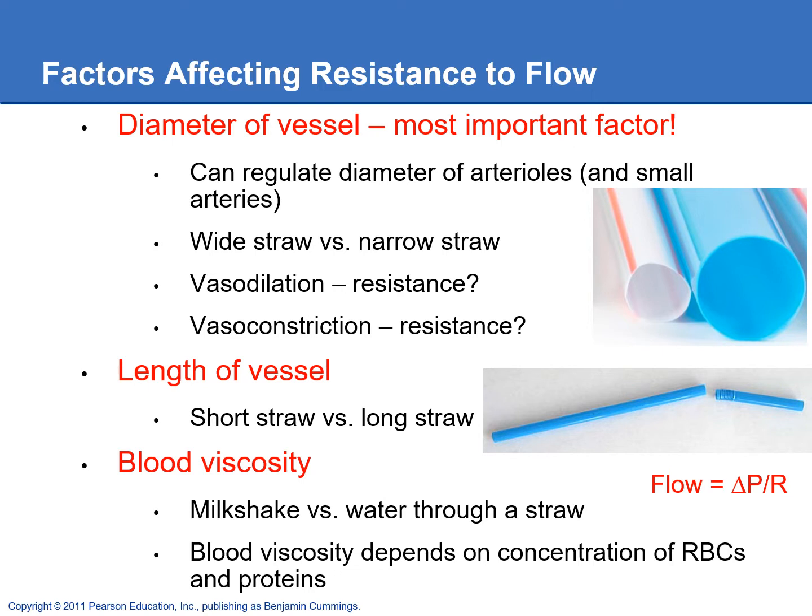So let's take a look at the diameter of the blood vessels first. I like to think about drinking through a wide straw and a narrow straw. If you're drinking through the wide straw, that would be like the blood vessels being vasodilated. There's not a lot of resistance to flow because there's lots of room in here, and so the blood or your drink is not going to be rubbing up against the sides quite as much as if you had a narrow straw.